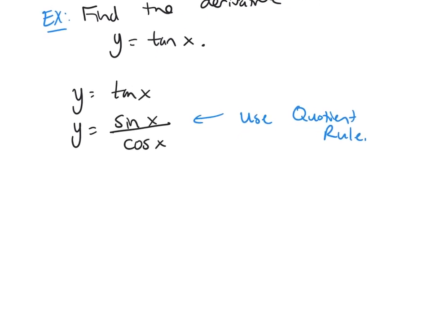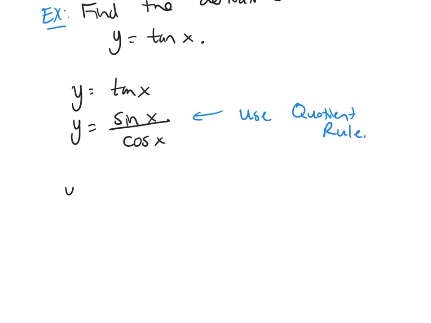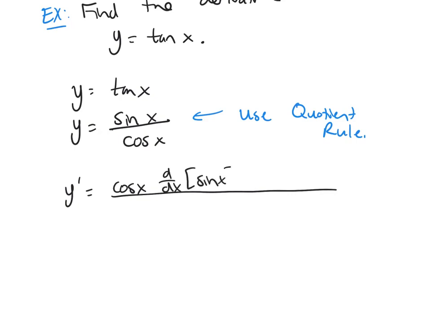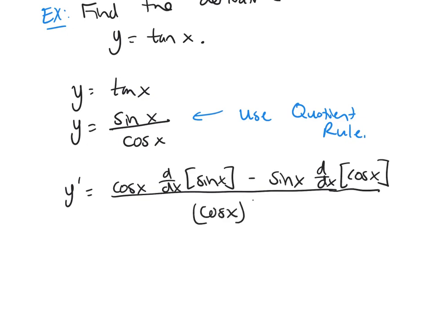So let's go ahead and do that. Y prime would be the bottom times the derivative of the top minus top times the derivative of the bottom all over the bottom squared.